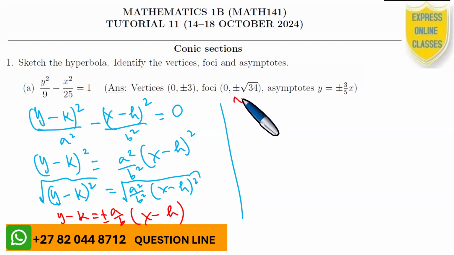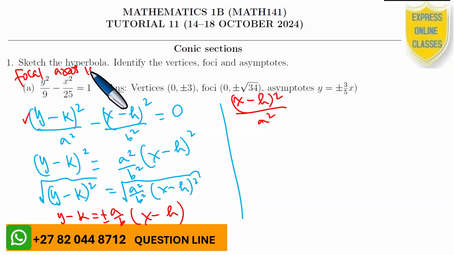What about if we have x minus h? Because there are 2 formulas we learn, such that the focal axis here becomes parallel to the y-axis because y is positive. So here we say the focal axis is parallel to the y-axis.